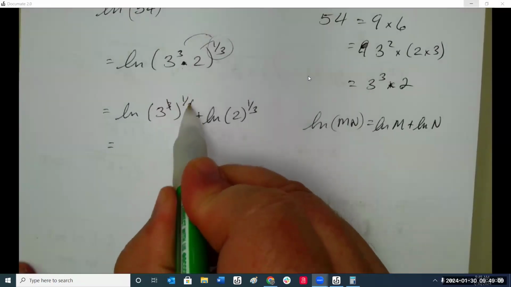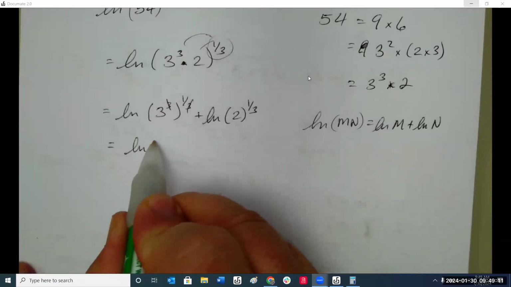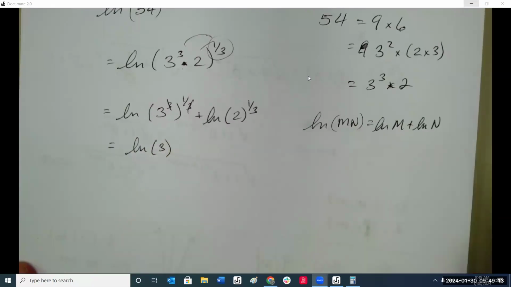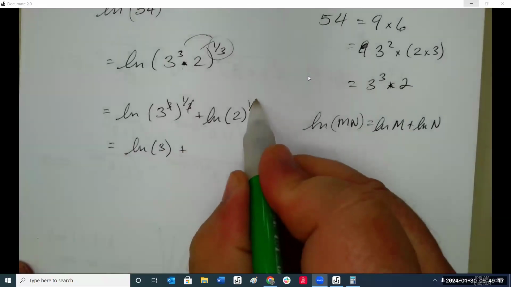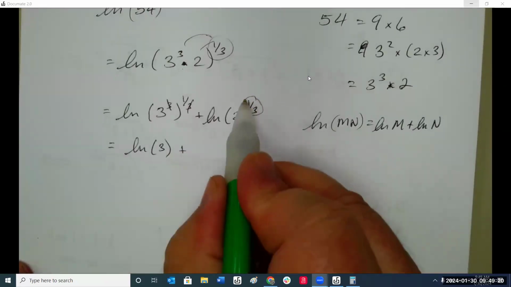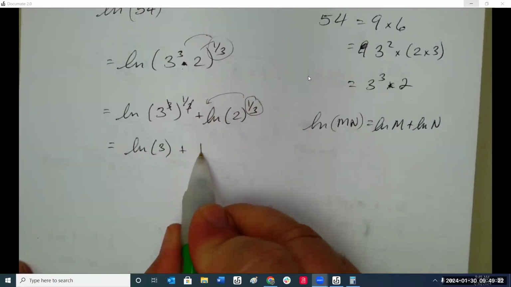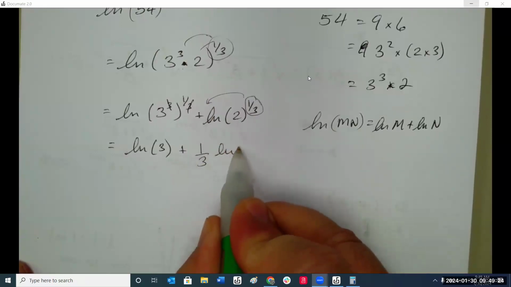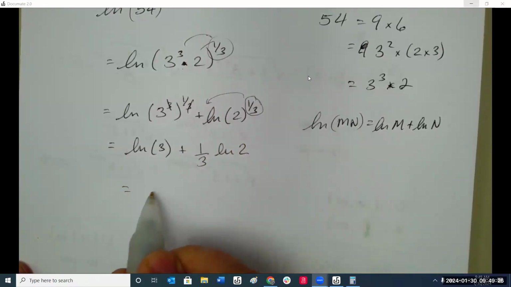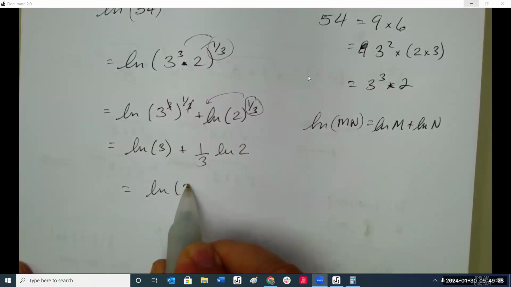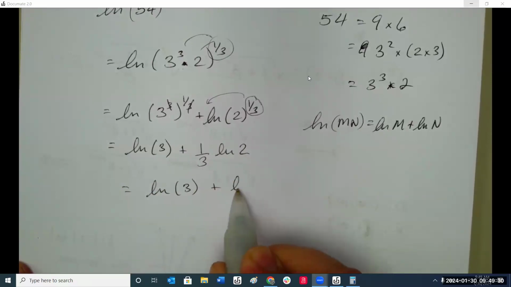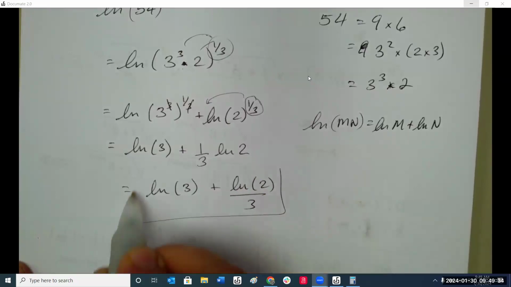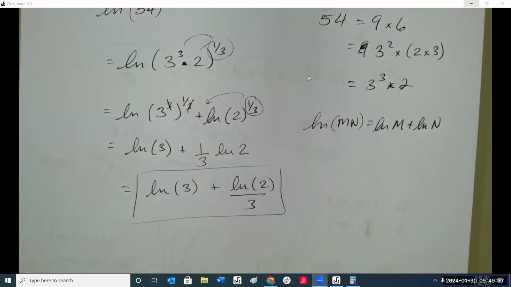The 3 and the 3 cancel, so I just have ln 3. Whenever you have an exponent, those come out in front. So that's our answer.